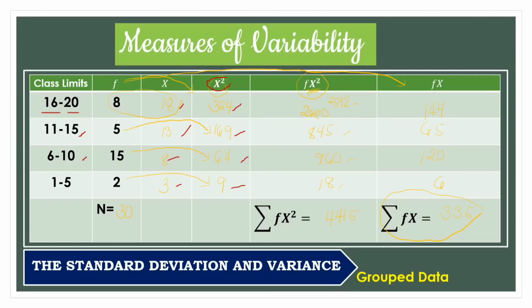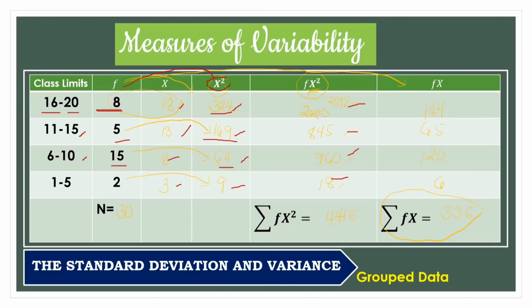Then we multiply the frequency and the value of x squared. So 8 times 324 is equal to 2,592. 5 times 169 is 845. 15 times 64 is 960. And 2 times 9 is equal to 18.